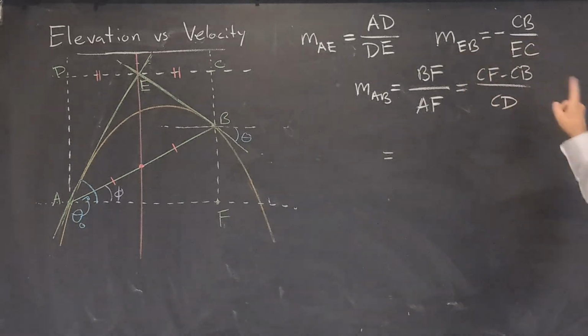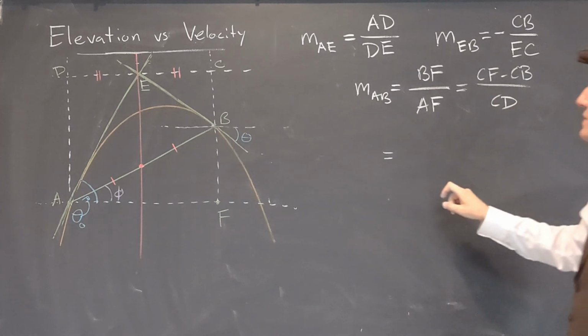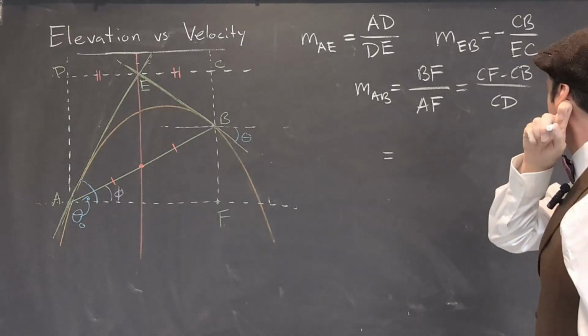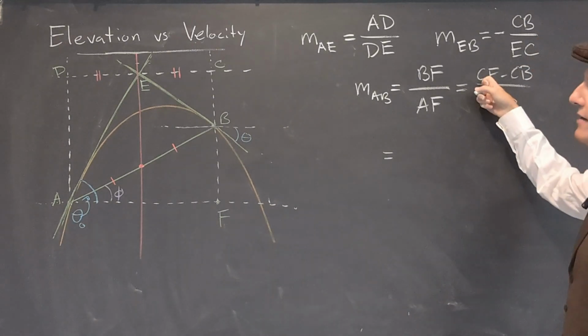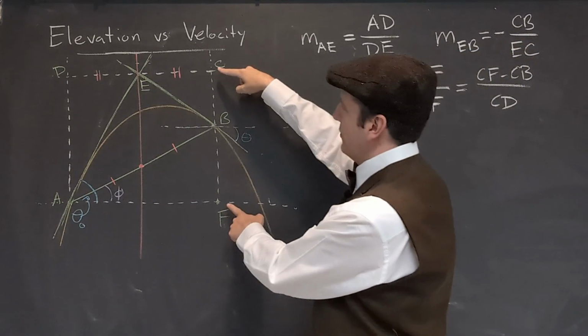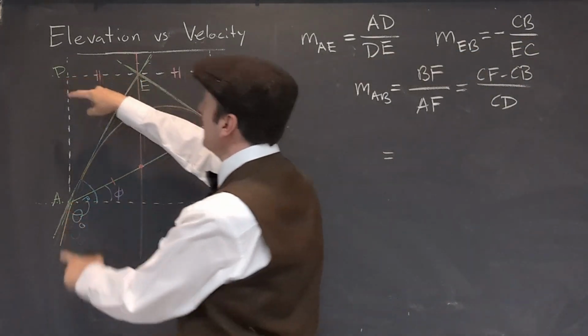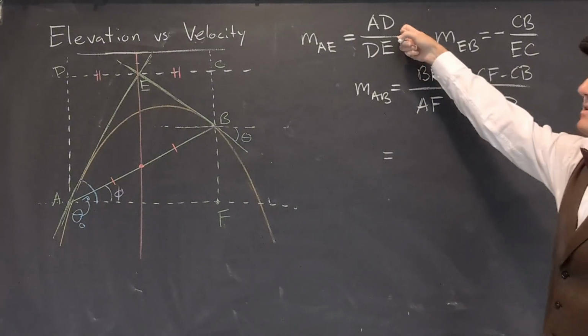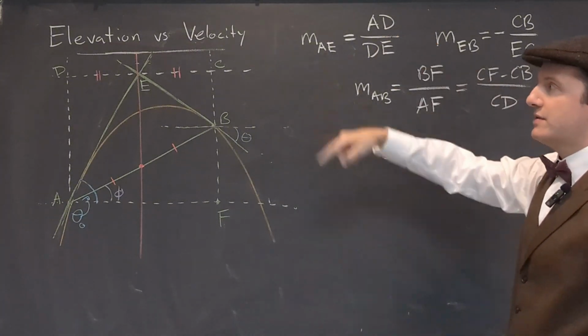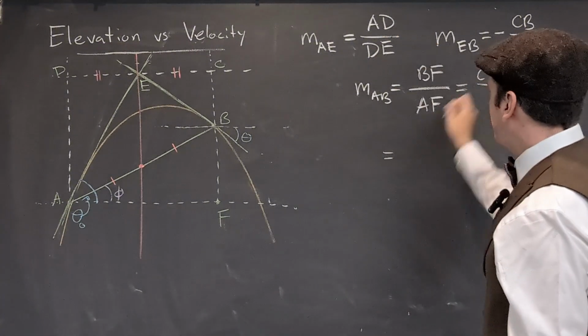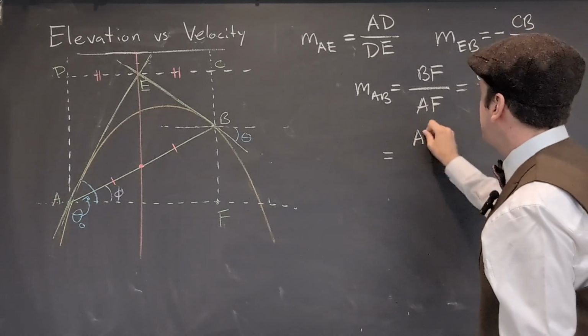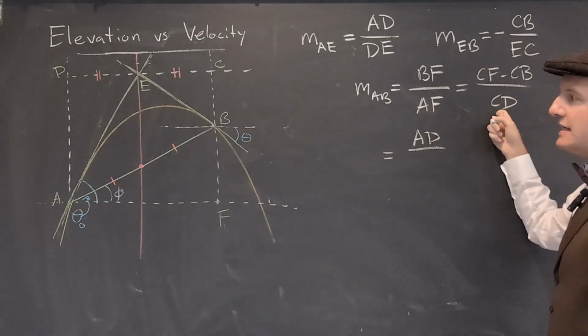Now we can split this into two fractions, CF over CD. Well, let's think about that. CF, that's this whole distance. I'm going to call it AD, which it is, because I want to connect it to the slope of segment AE. So in the first term, I'll have AD over CD.